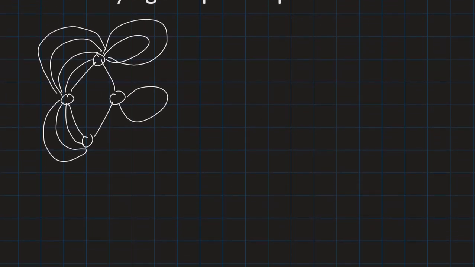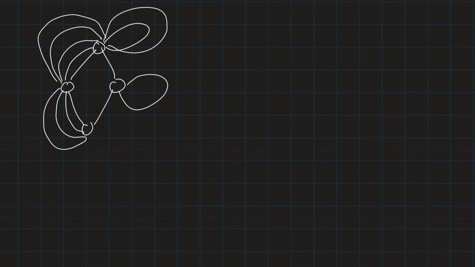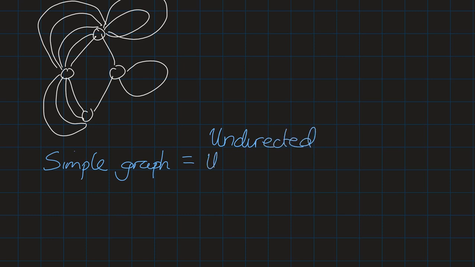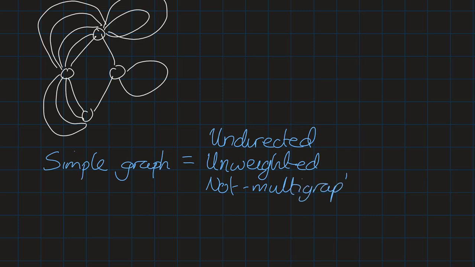So instead of trying to classify all graphs on 4 vertices, mathematicians restrict to saying, I just want to classify simple graphs instead. And I'll remind you that a simple graph, what does this mean? This means it's undirected, unweighted, not a multigraph, and not a loop graph.